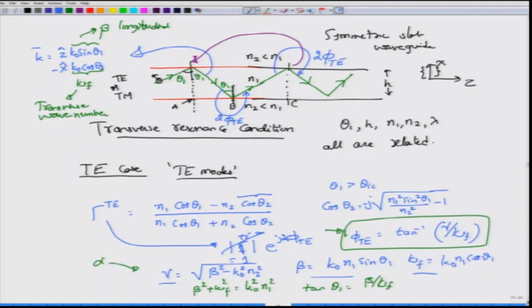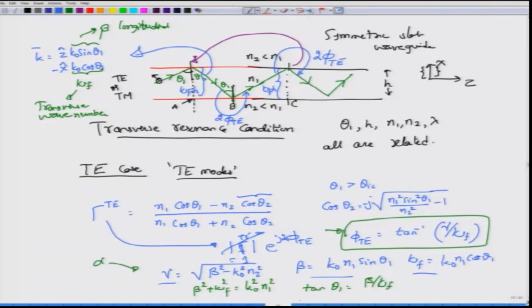And what is the transverse resonance condition? We have had 2 phase shifts, one upon reflection here at the lower interface, one upon reflection at the top interface, but there is also a phase shift that you would have seen along the x direction. The corresponding component along the x direction would be kappa f, and because the height of the film is h, the phase shift here would be kappa f times h, and this phase shift here would be an additional kappa f times h.